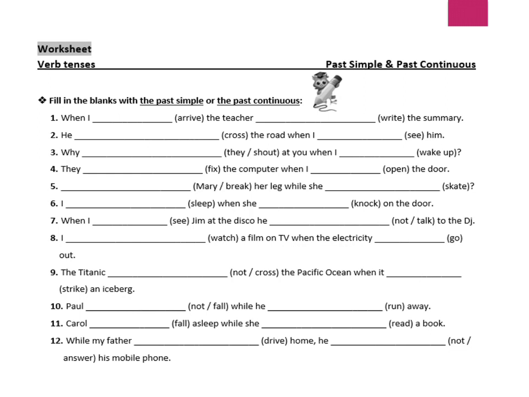In the second sentence, have a look: He dash the road when I dash see him. He was crossing the road when I saw him, or he crossed the road when I was seeing him? No, that doesn't sound better. He was crossing the road when I saw him. That looks better.